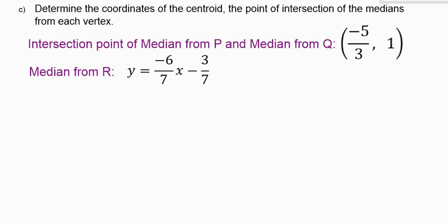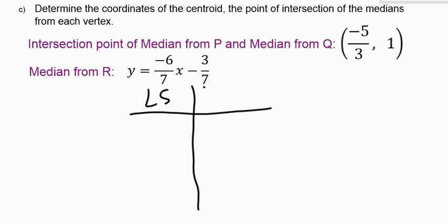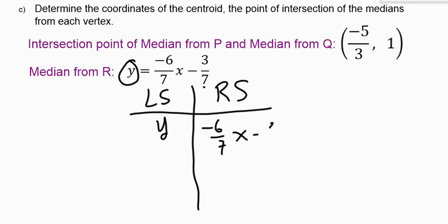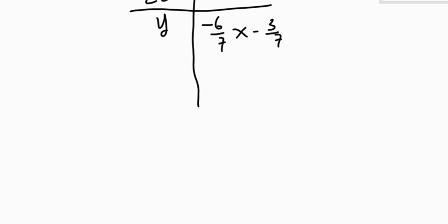So I'm going to use a left side, right side table check. The left side of the equation is y. And the right side of the equation is negative 6 over 7x minus 3 over 7. And I'm going to sub in this x and this y and see if I get a valid left side, right side balance.